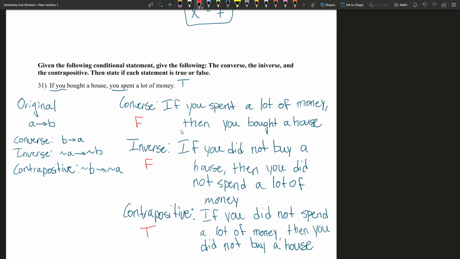And that would be true. Okay, you know you did this right if the converse and inverse statements are the same, and then the contrapositive matches the original.